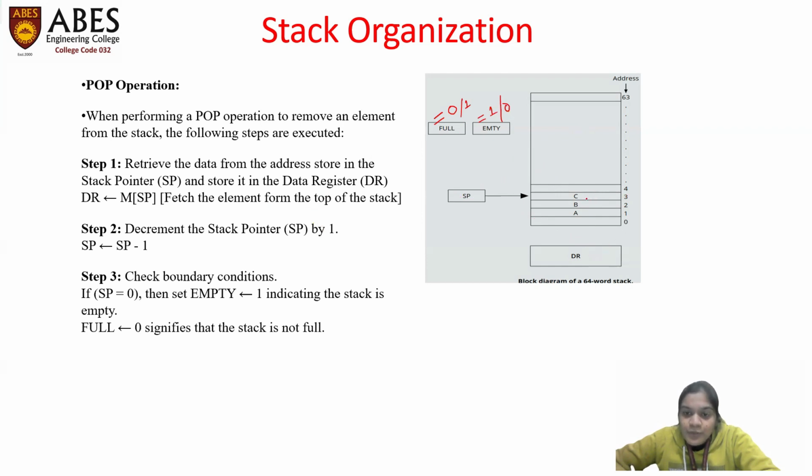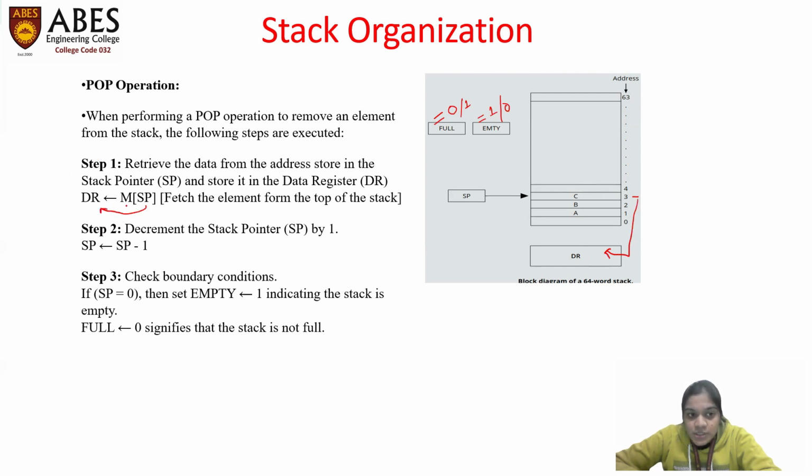The data from the address location 3 will get transferred to the data register, which is our first instruction. So the data from the memory space addressed by the stack pointer will be transferred to the data register.